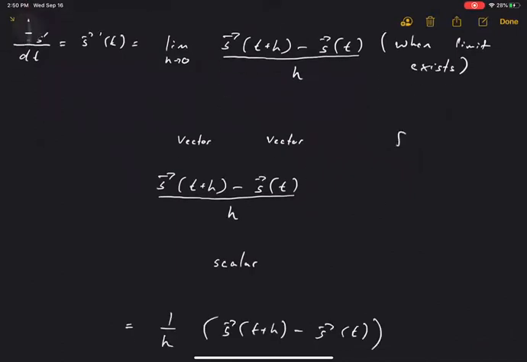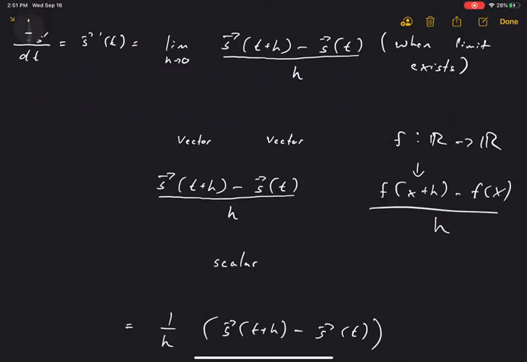So when I had f from R to R, I was working with this fraction here, and I was taking that limit. And what were each of these components? Well, that was just a number. It's the function value of x plus h. And this is just a number, the function value at x. And then this is a number, right?